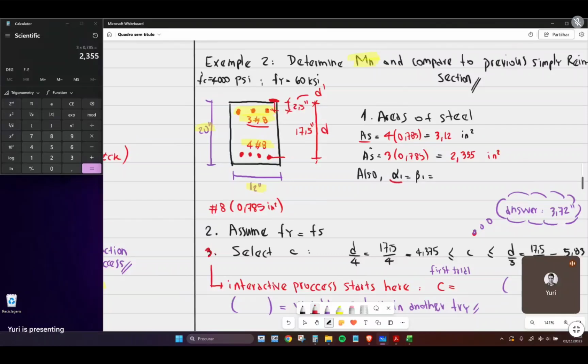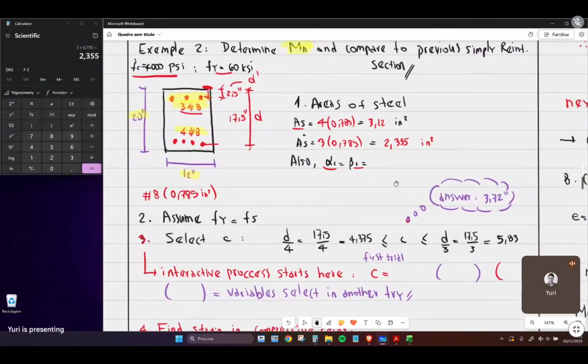And also, as we are dealing with 4,000 psi concrete and grade 60 steel, alpha 1 and beta 1 are equal to 0.85, as we have seen previously.